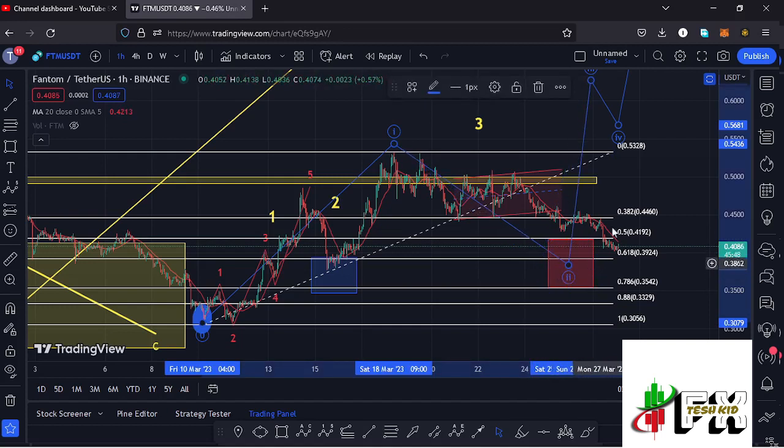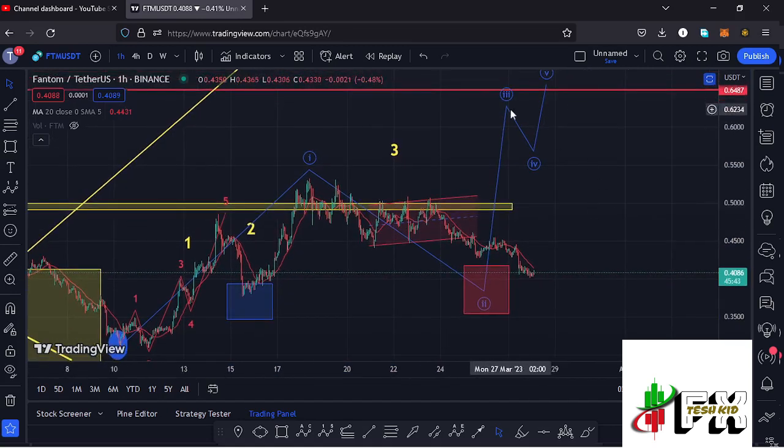And once we fully maximize our target area, then I'll be expecting a very nice reversal to the upper side in the formation of this wave 3.